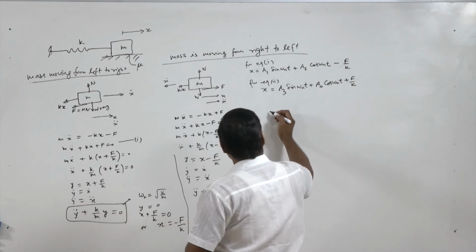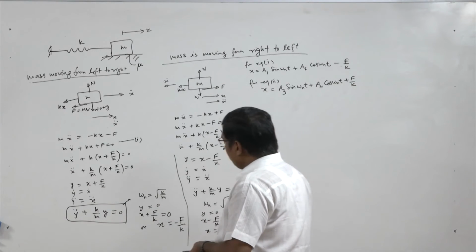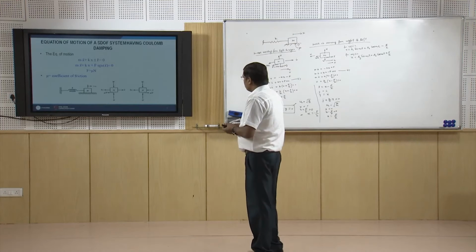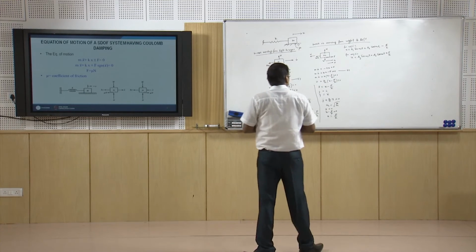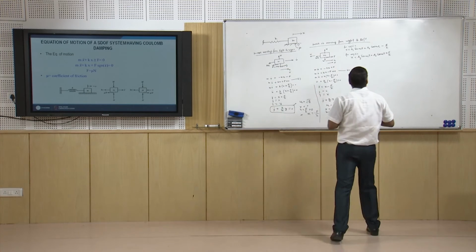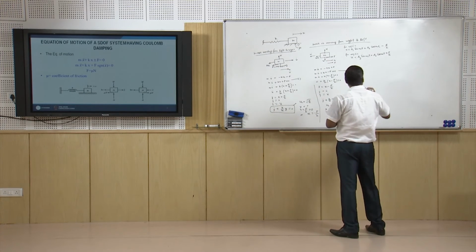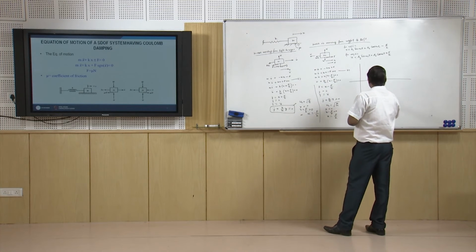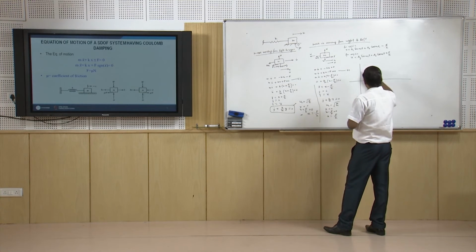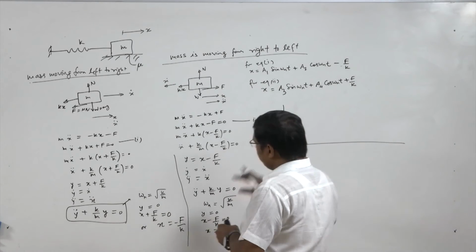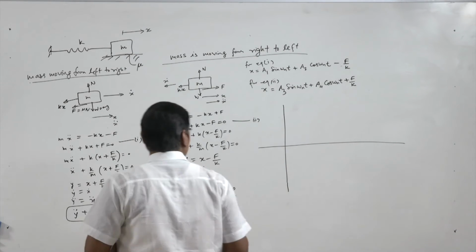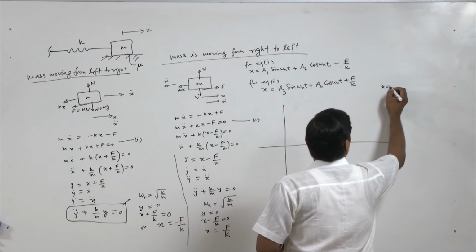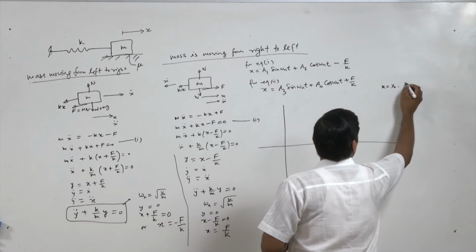Now if we want to see the response of this system, we can plot it. For this, let's assume some initial conditions: x equal to x0 at t equal to 0.